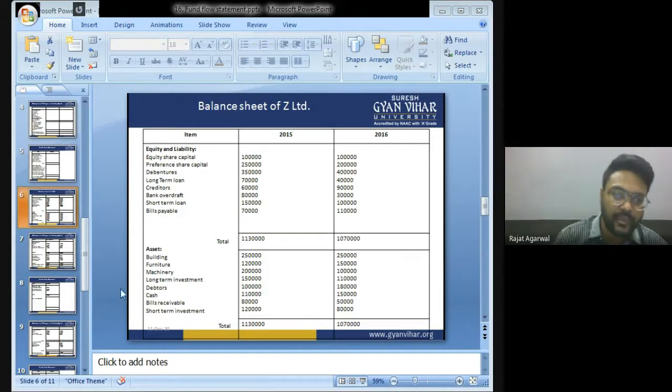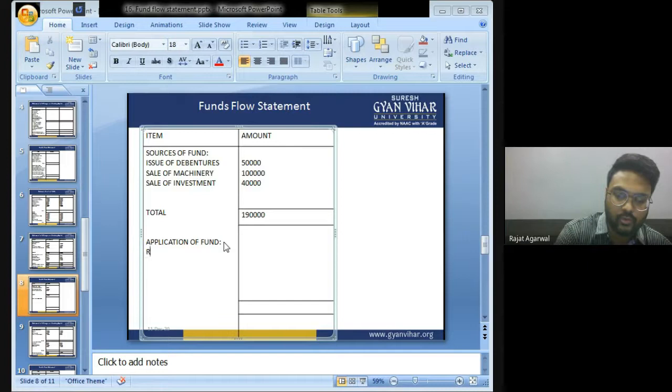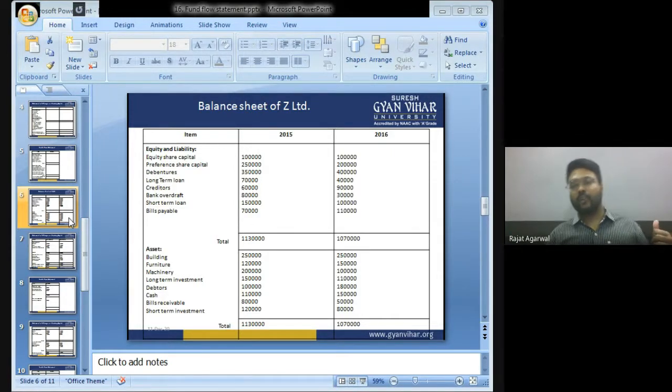Application of fund: redemption of preference share capital 50,000. Debentures we have considered in sources of fund, and long term loan. Long term loan was 70,000 in the previous year and 40,000 in the current year.